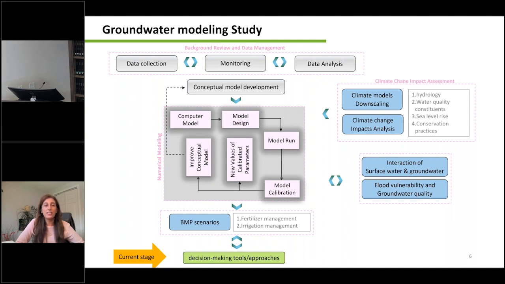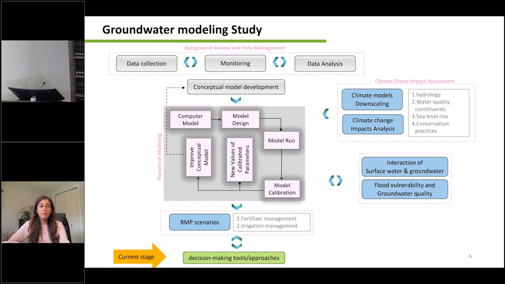And then using that model, which has been verified and could be representative of the existing condition, we have developed different scenarios. Currently we only work on fertilizer management scenarios and irrigation management, but hopefully we are going to have more scenarios when we extend our model and when we have collected more data.